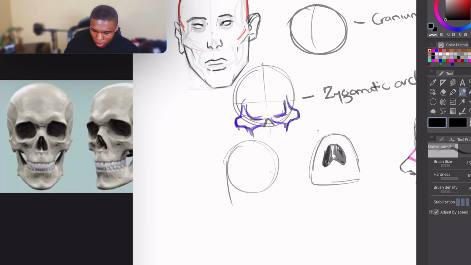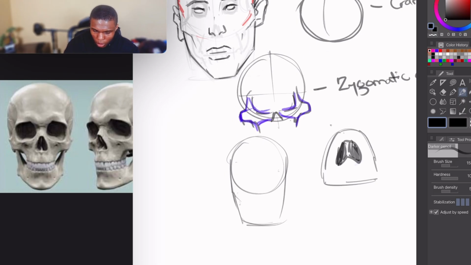So we have our basic shape here, and then we have our zygomatic arc like this. Then we're going to have this shape here for the skull.